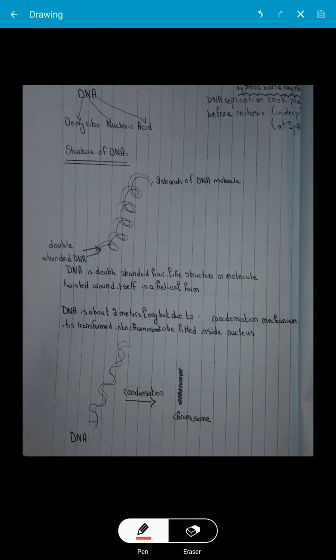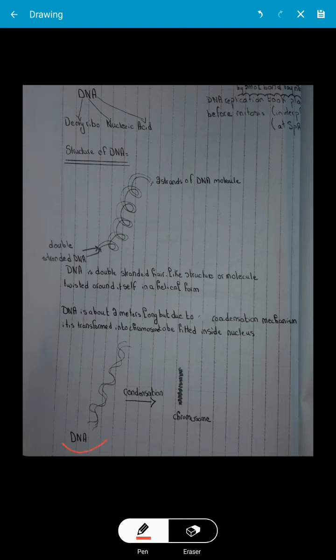Due to the condensation mechanism, it is transformed into chromosomes to be fitted inside the nucleus. So the DNA is about 2 meters long. It's very long, but through condensation it is put inside the chromosomes to fit inside the nucleus. This genetic information is condensed inside the chromosomes in order to fit.